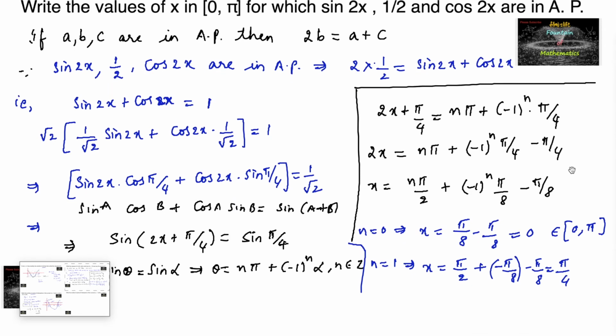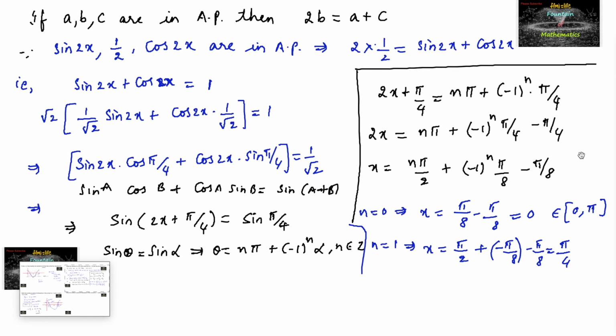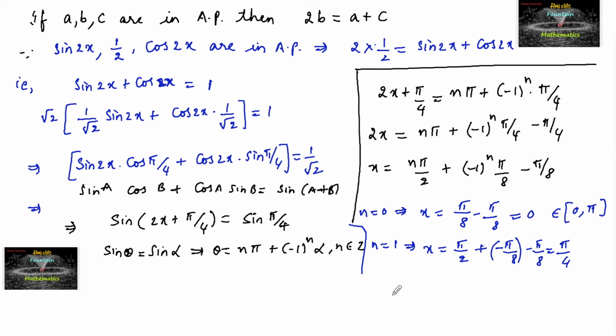Now if we consider n is equal to 2, we get x equal to 2 into pi by 2, that is pi, plus pi by 8 minus pi by 8, which equals pi. So pi also belongs to 0 to pi.